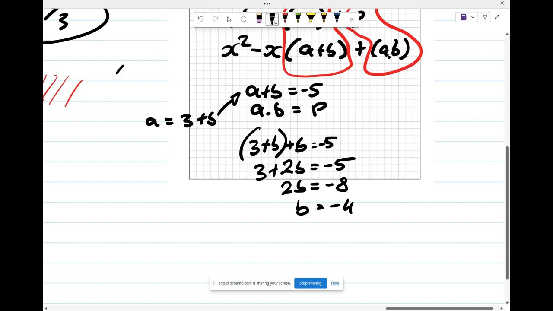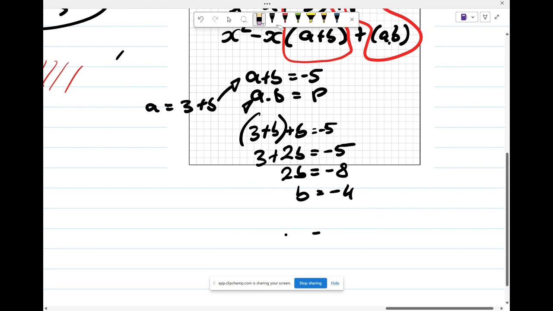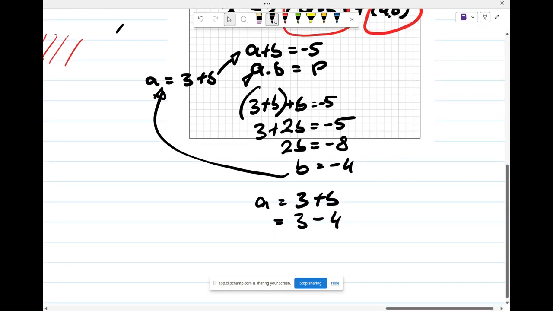And so now we have a value for b, we're trying to find a value for a. Oh no, sorry, we can substitute into the one we used. So a is going to be 3 plus b, so that's going to be 3 minus 4, so it's going to be minus 1.